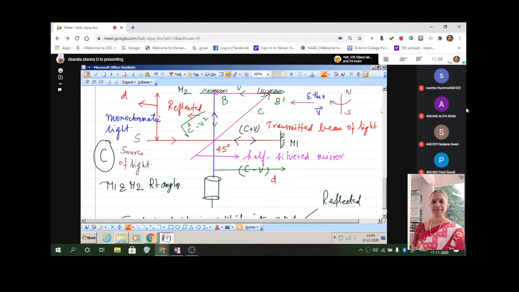We both placed them at the same distance. Maybe you can take a screenshot of this entire figure. I will try to post the material as well as this lecture, but in the meantime you copy.